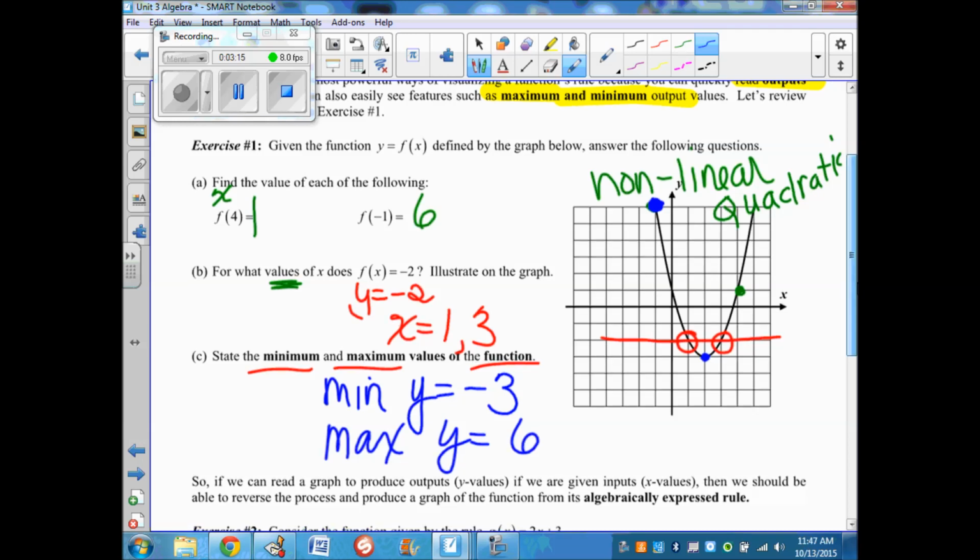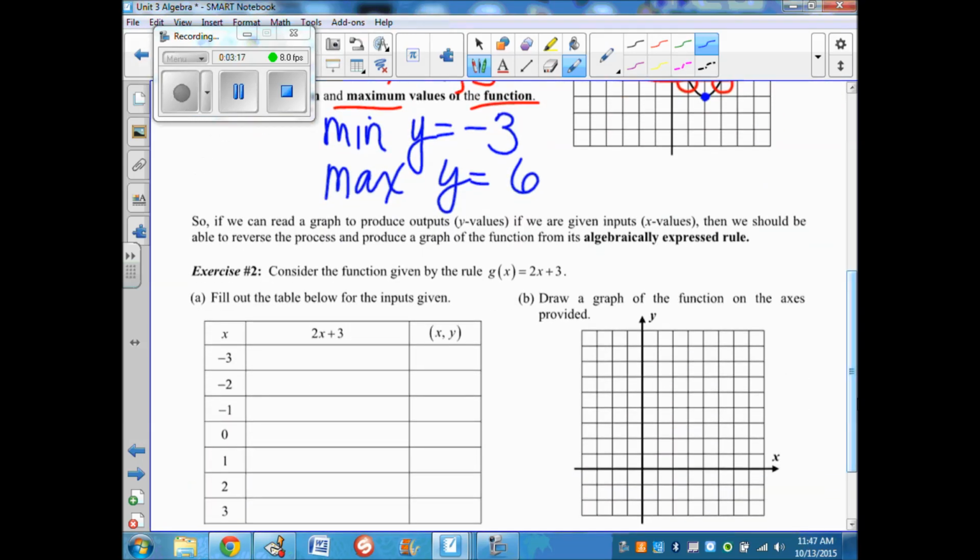So if we read a graph to produce outputs, y values, if we are given inputs, x values, then we should be able to reverse that process and produce a graph of the function from its algebraically expressed rule.